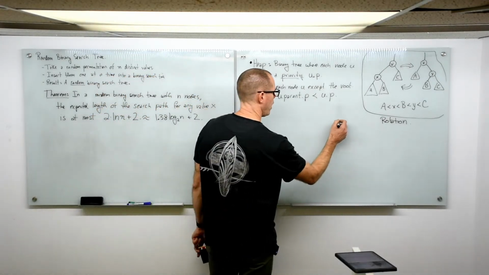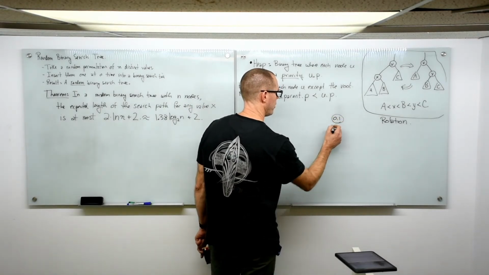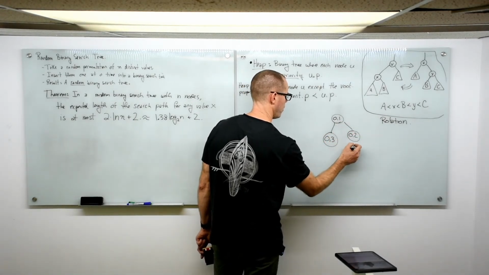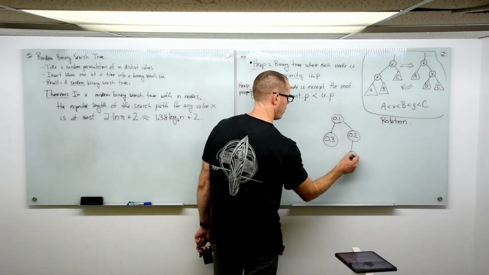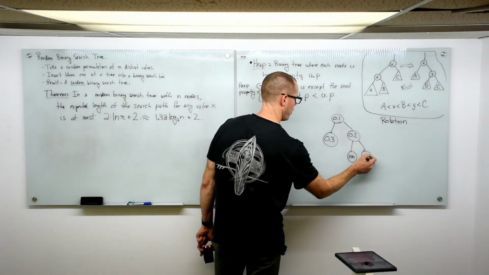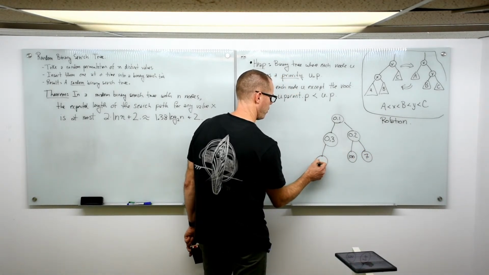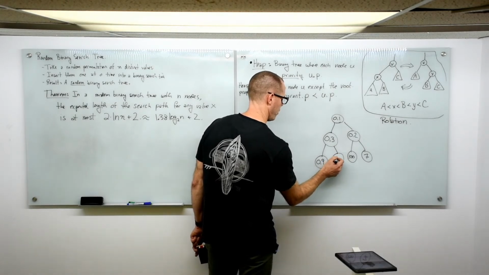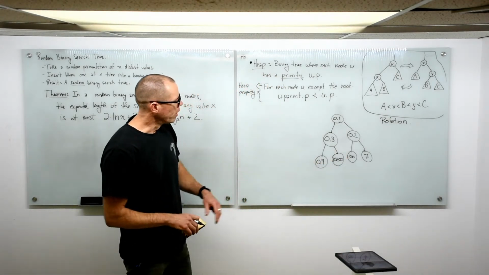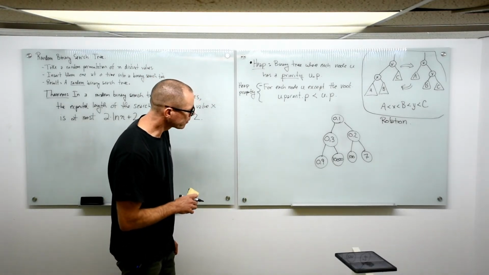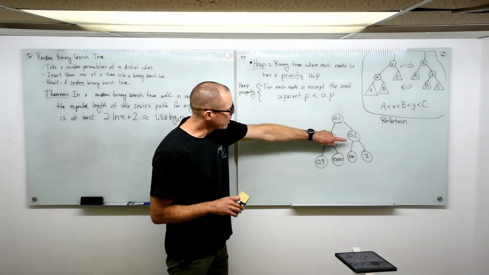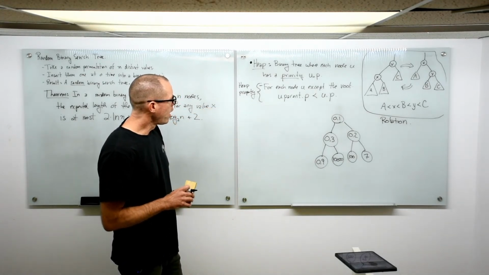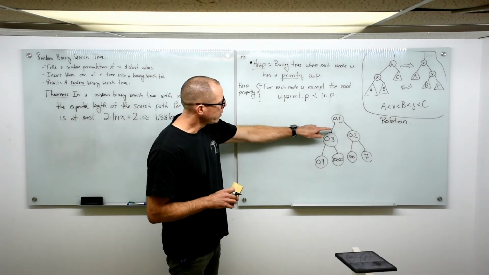So for example, that's an example of a heap, because if these numbers listed here are the priorities, then what the heap property says is that everybody has a larger priority than their parent.